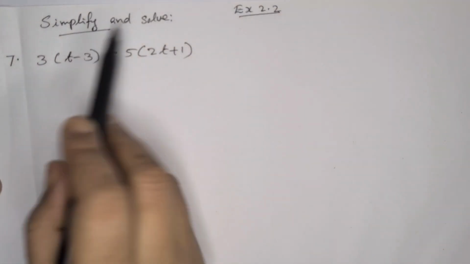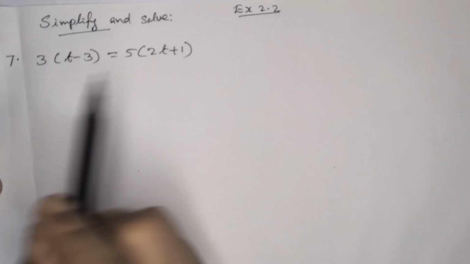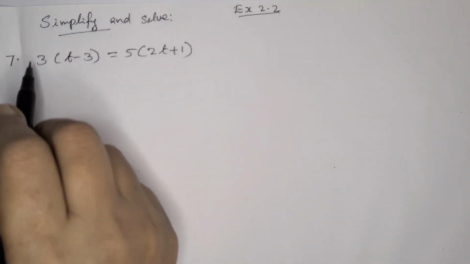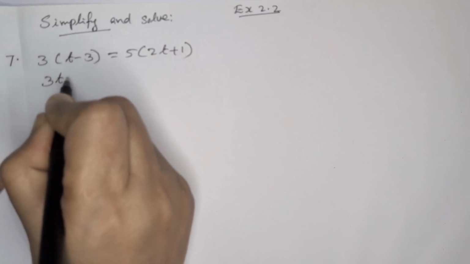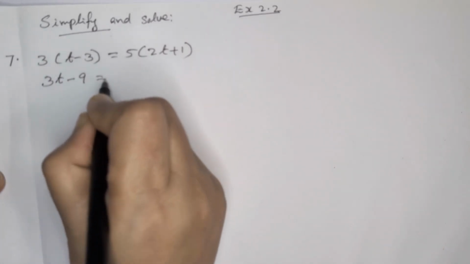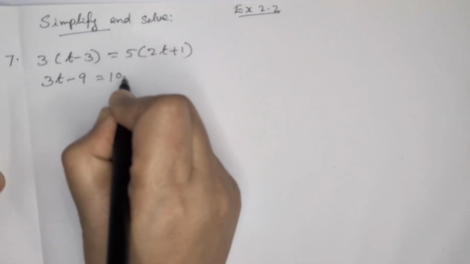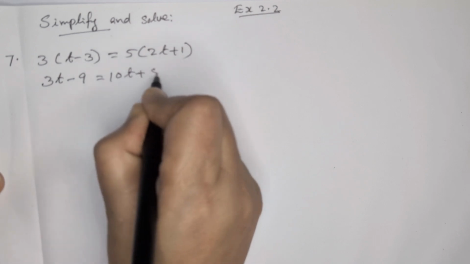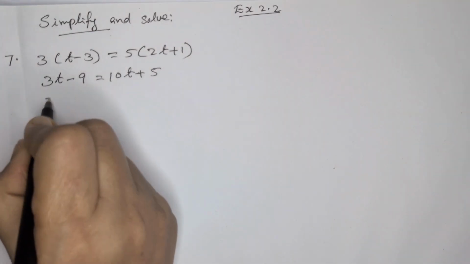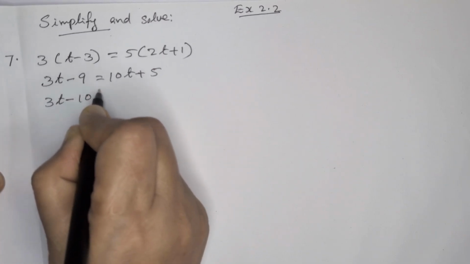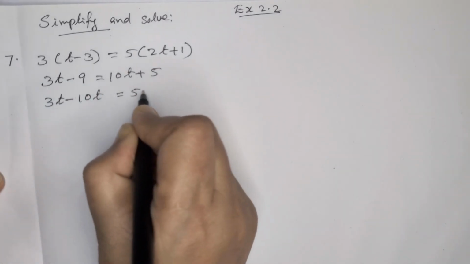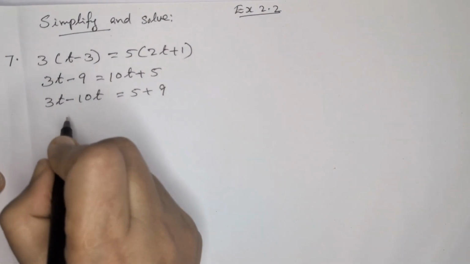Question number 7. Simplify and solve the following linear equations. So the first one we can write, open the bracket: 3t minus 9 is equal to 10t plus 5. When you are moving t terms to the left side, 3t minus 10t is equal to 5 plus 9.